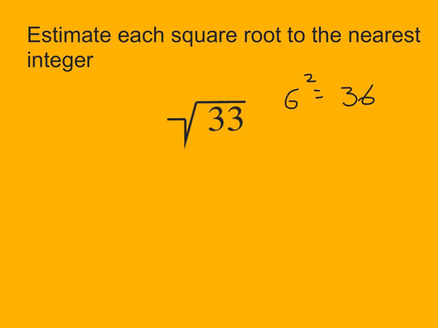Now, I know that's a little too high, so the one below that would be 5 squared, and that would be 25. So now I look at which of these squares is closer to 33, and I can see that 36 is going to be closer than 25. So the best estimate for the square root of 33 would be 6.